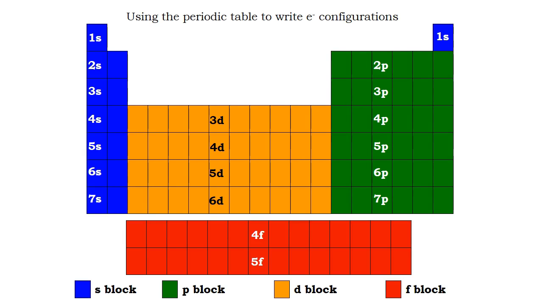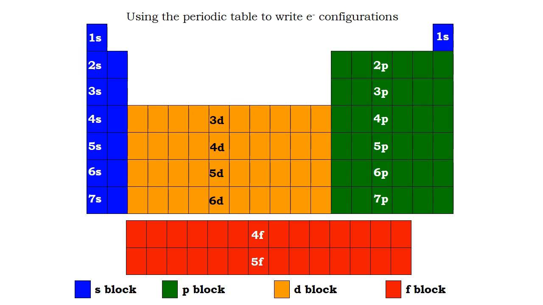The row represents the shell. So if n is 1, that's the top row, the first shell. And you can see that there, 1s, 2s, 3s, 4s, right? Now, one of the things that you should note is that the fourth row starts with 4s, and then it becomes 3d.